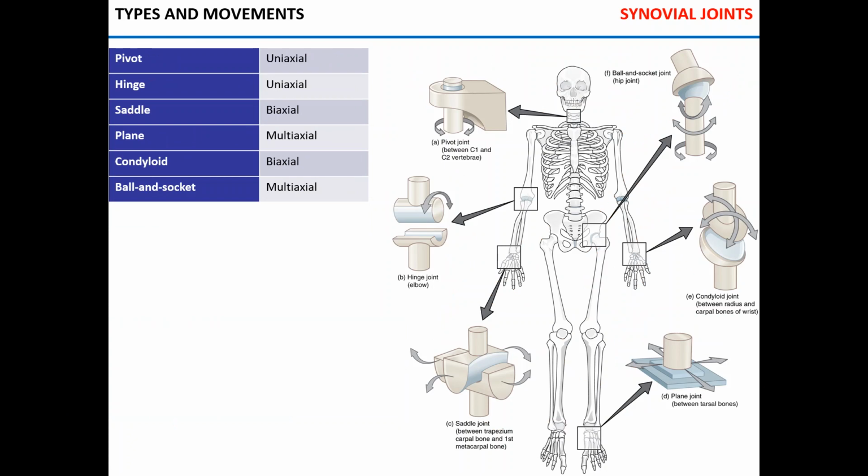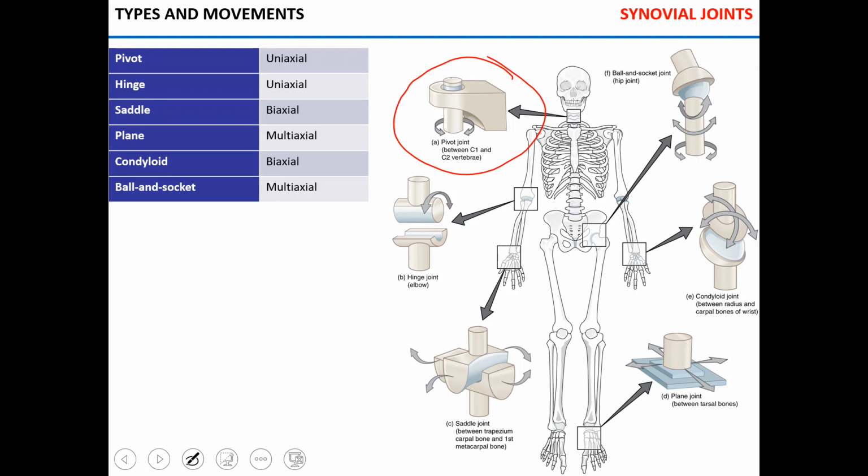Now, movements, another type of functional classification of the joints based on the movements. So synovial joints, of course, can produce 6 types of movements. They can be pivot joints. So that will be the joint between the first and second vertebrae, atlantoaxial joint.